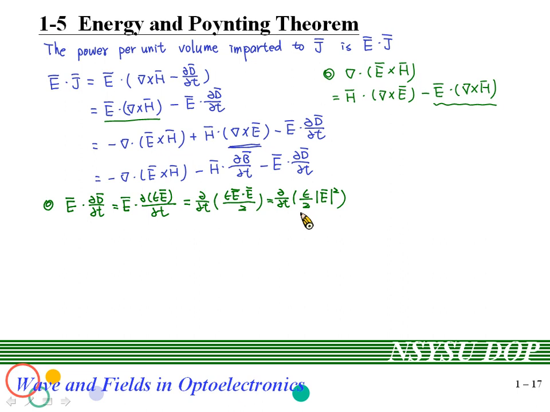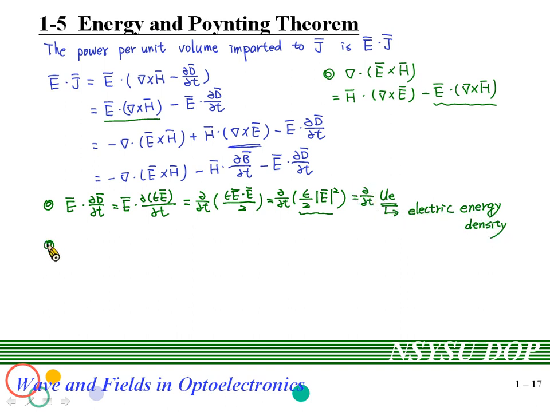Do you remember what this term is? Half epsilon times the square of the absolute value of E means that this one is the electric energy density. So E dot partial D over partial t is the time rate of electric energy density.